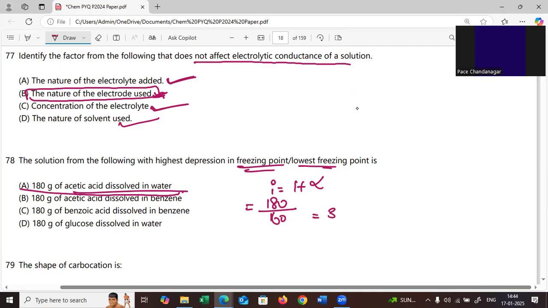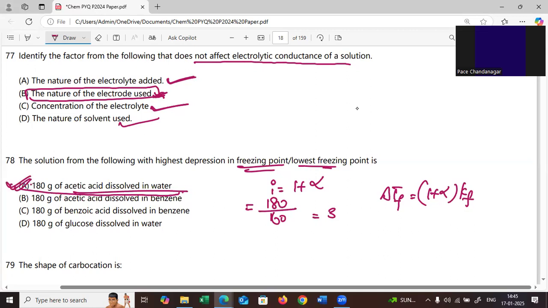And you don't need to do all this conversion also, because let us write delta Tf is equal to i times Kf times m. The constant remains constant only, right? So you just have to compare all the three and check. Wherever your i into m is the maximum, that will be your answer.